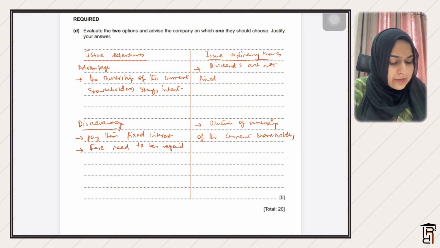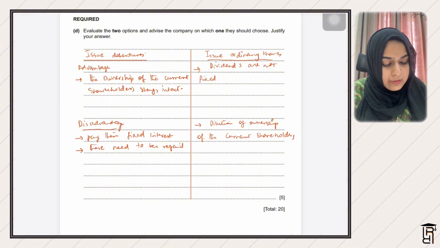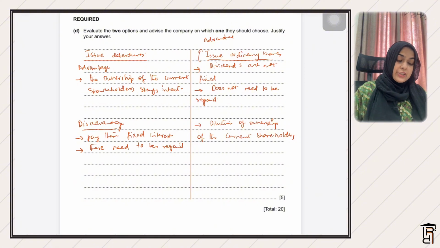The next advantage is that ordinary share capital does not need to be repaid. So these are my advantages of issuing ordinary shares. But the disadvantage is that the ownership gets diluted.